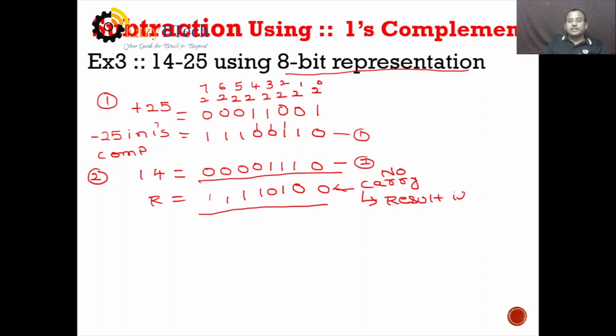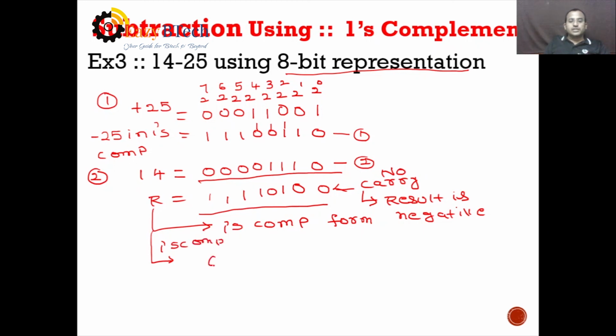So that indicates the result is negative and it is in one's complement form. To get the result, take the one's complement of this again. The one's complement of this gives 4 zeros, because we have 4 ones, and then 1, 0, 1, 1.